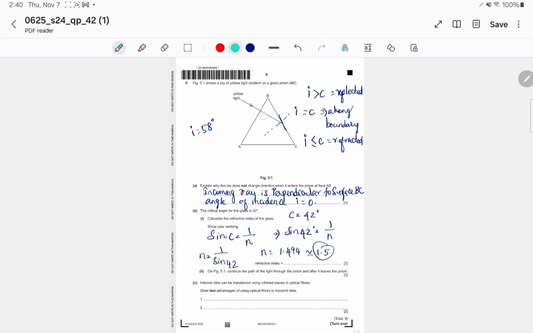This angle is 58 degrees. This is the angle of incidence. So if i is greater than C, it gets reflected inside the glass.